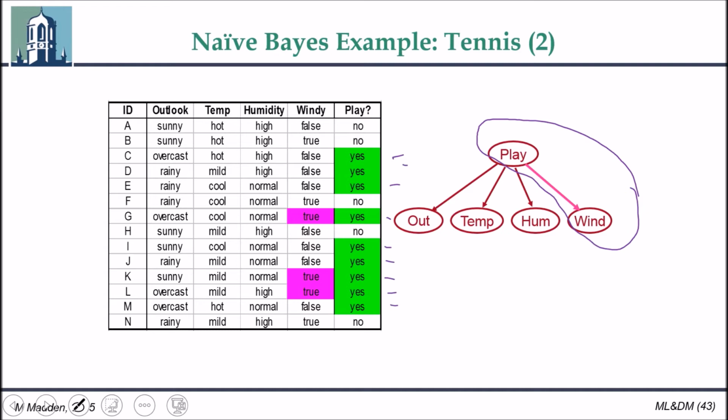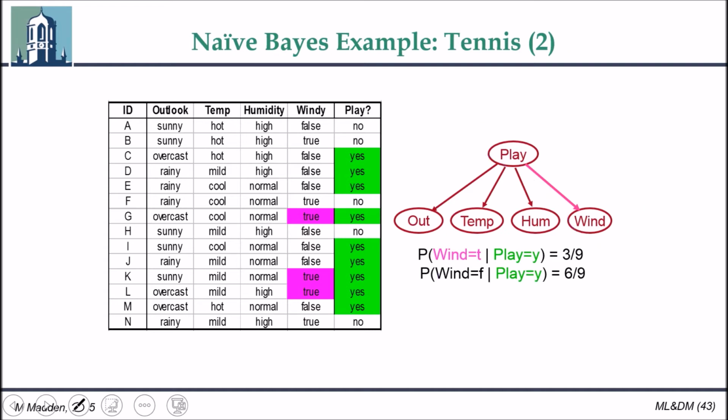Of those 9, in 3 of the 9, it is windy. So we'll say the probability of wind being true, given that play is yes, is 3 out of 9, or 1/3. Equally, the probability that wind is false, given that play is yes, is all these ones here: 1, 2, 3, 4, 5, 6. So the probability wind is false, given that play is yes, is 6 over 9. And obviously we're reassured to see that those numbers sum to 1, as they should.